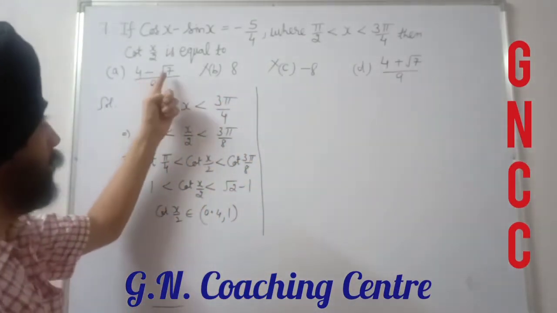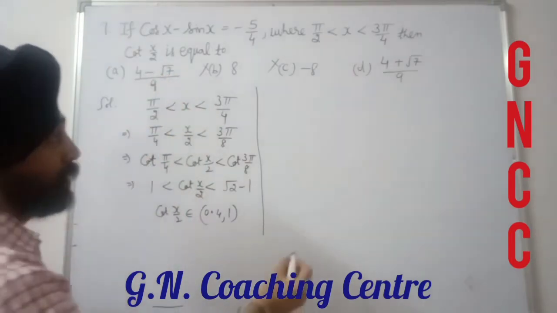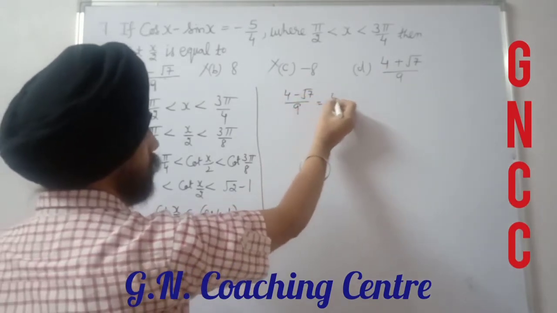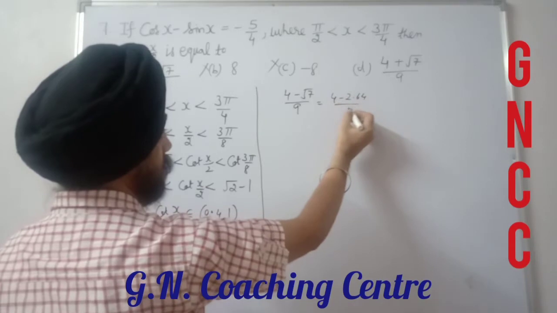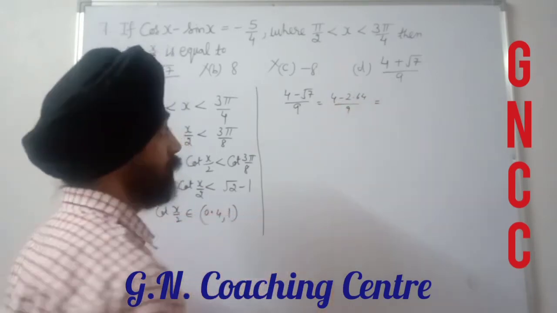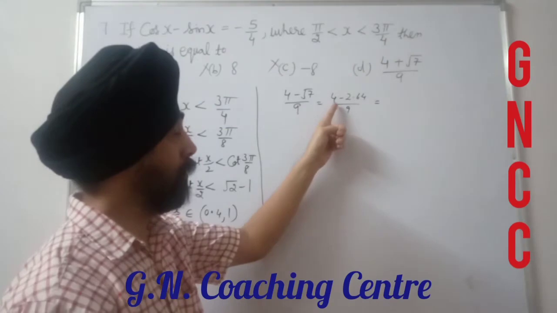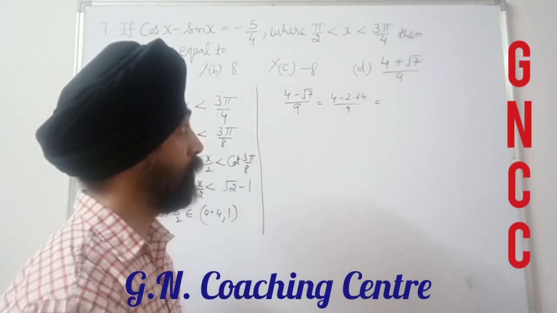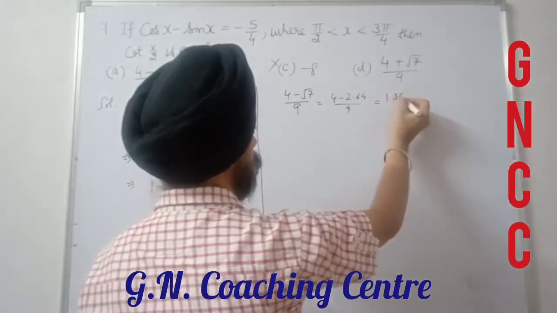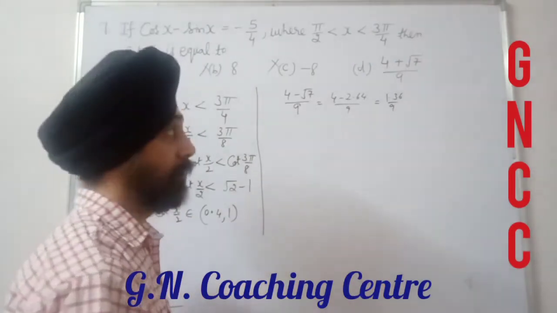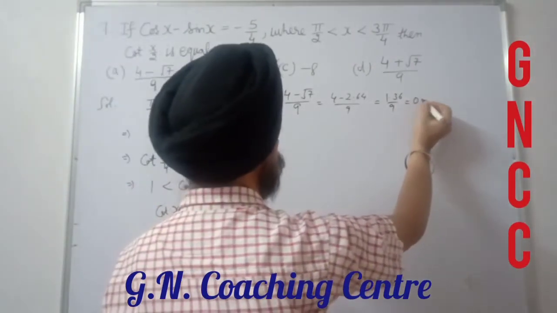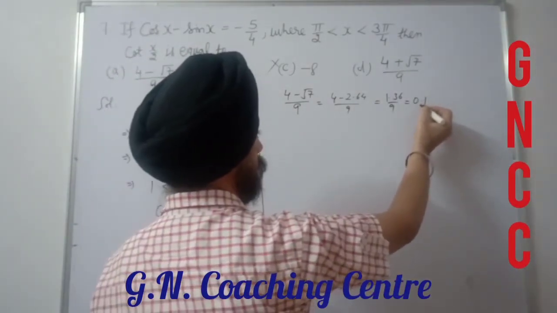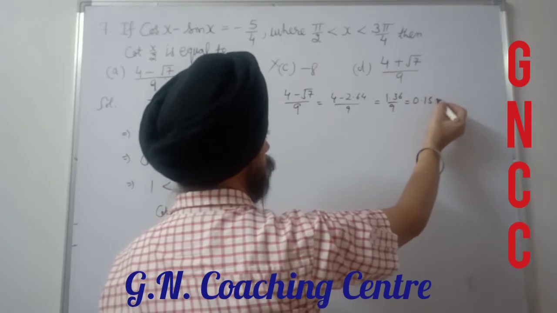Option A is 4 minus root 7 over 9, and root 7 is approximately 2.64. Now if I subtract, this is 1.36 over 9, which will become approximately 0.15.